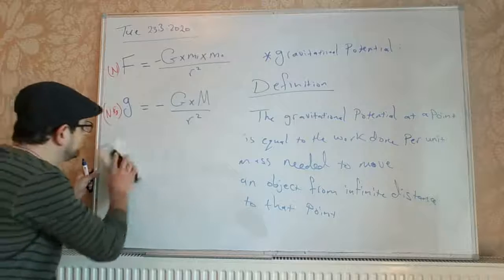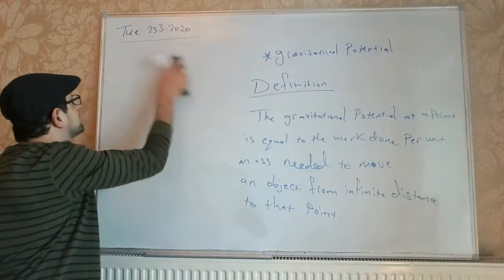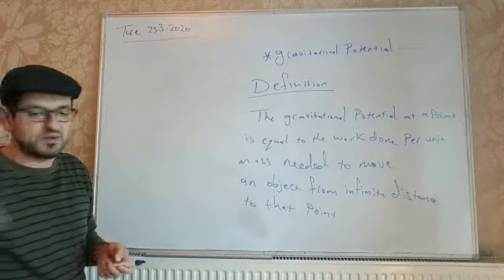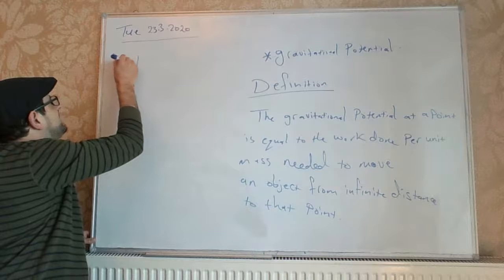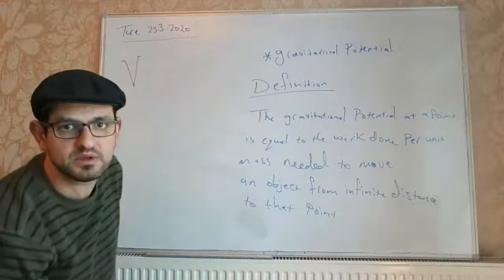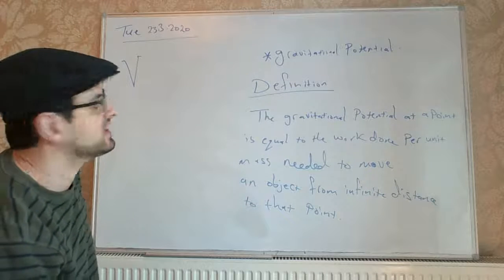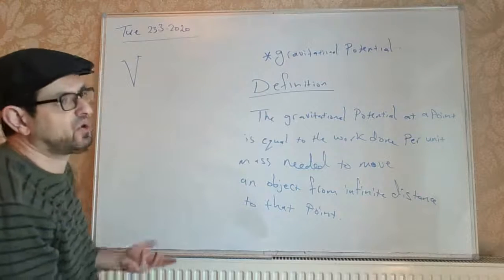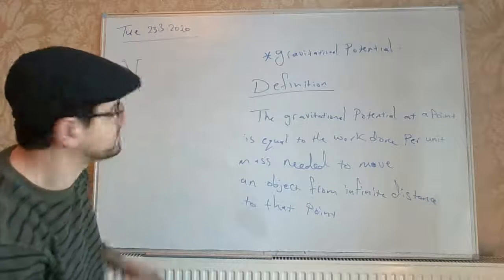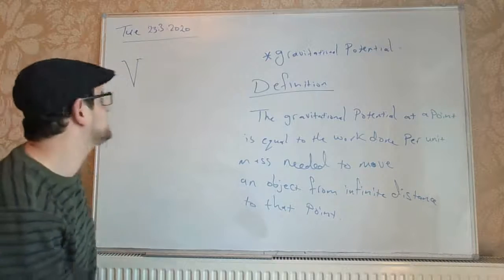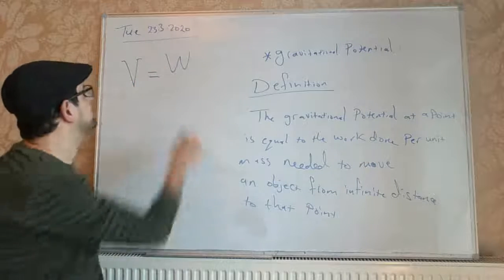I will rewrite all of these later on because we need them. But the gravitational potential, they also call it V. Remember, didn't we say V is electric potential? Remember also that they call it V because potential is V, but it's not voltage, it's called gravitational potential. This was in electricity, called electric potential. Okay. So V is how much energy, work done per unit mass.